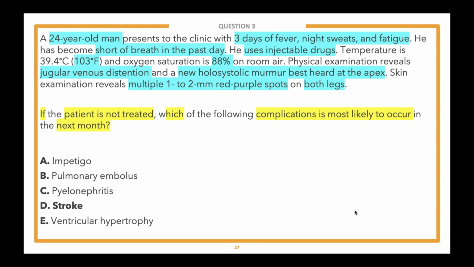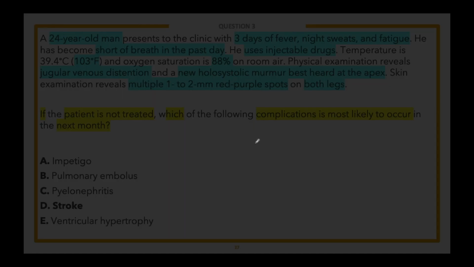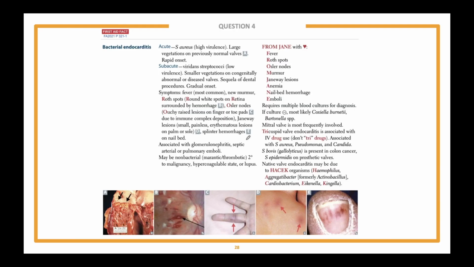On the next slide, Sean has gone ahead and pulled up the table from First Aid looking at bacterial endocarditis, okay? You can see there are some of those signs and symptoms that our patient maybe had. So fever, a new murmur, okay?